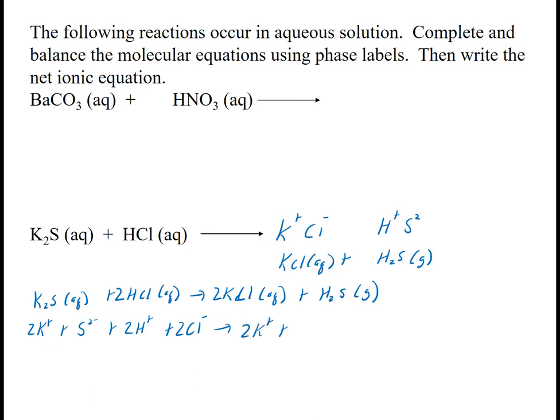Plus 2 times 1 is 2 chlorides. Plus then my H2S. So my potassiums cancel out. Sulfurs do not. Hydrogens do not. So that leaves me chlorides. So I have S2 minus plus 2 H pluses goes to form H2S.